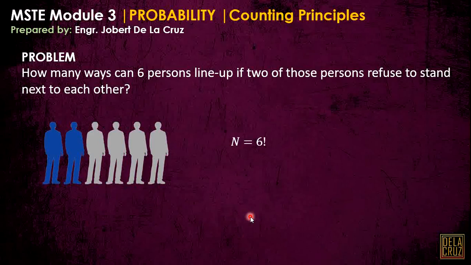So, ang gagawin ko is I will just arrange this all without restriction. Okay, so without restriction, these 6 persons can be arranged by 6 factorial. Okay, silang lahat. 1, 2, 3, 4, 5, 6. Ganyan. Now, I will just subtract the arrangement na ipagtatabi ko yung dalawa.